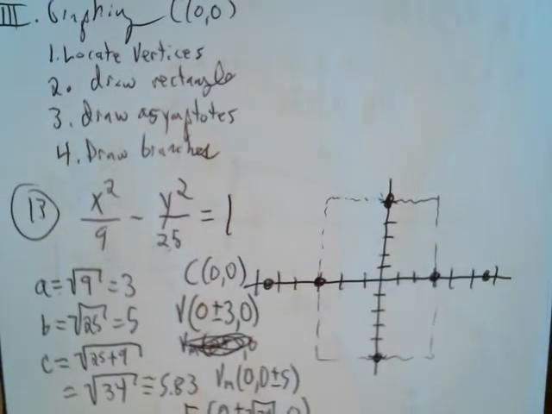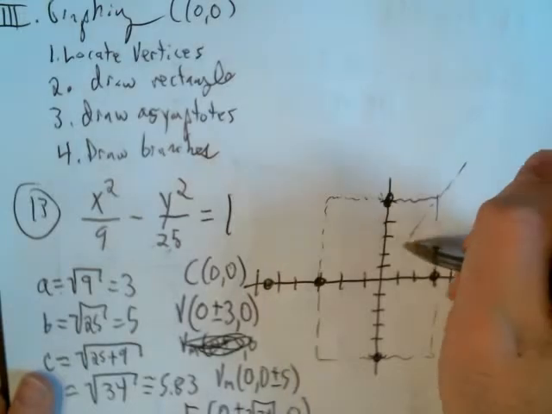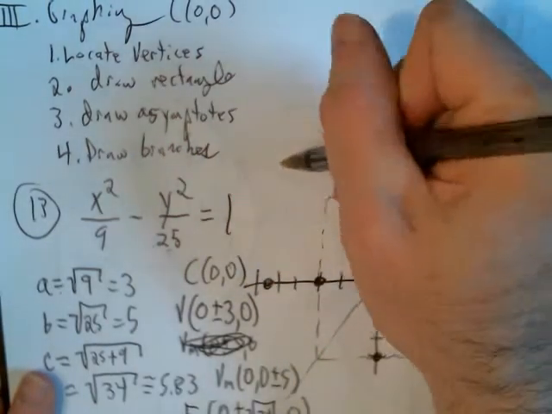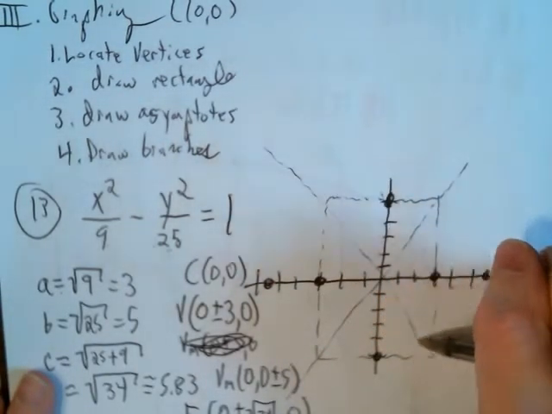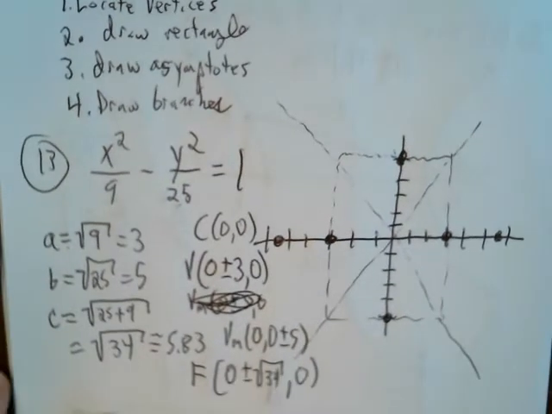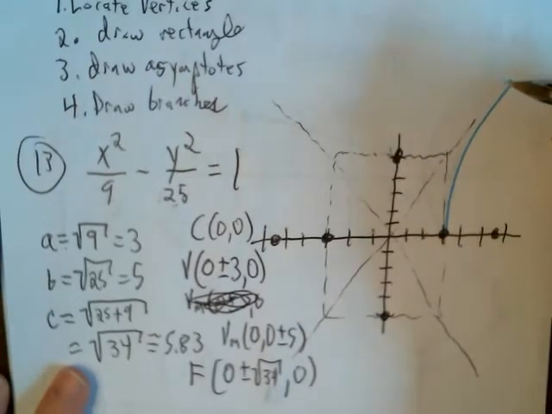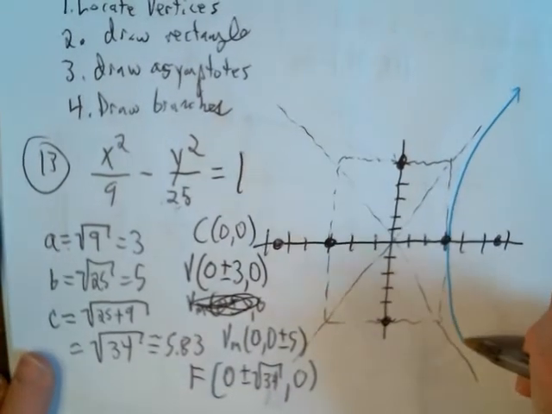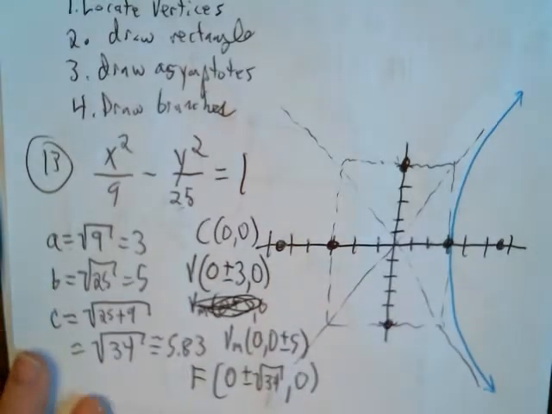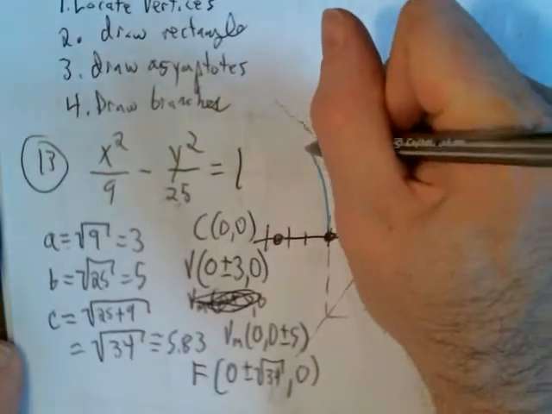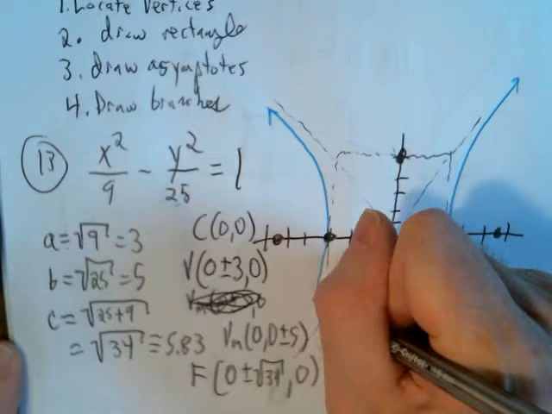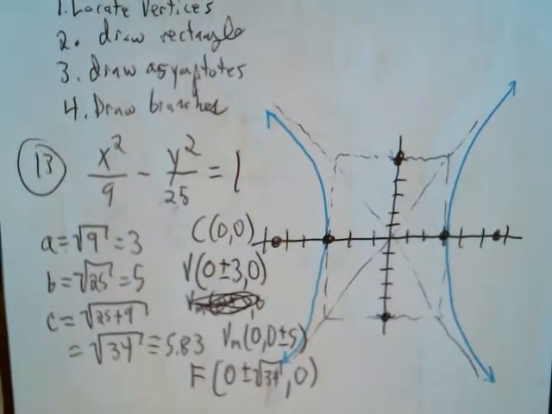And then I want to do my asymptotes. Okay. And then I can do my branches. And the branches get really, really close to the asymptotes, but never touch them. And there it is.